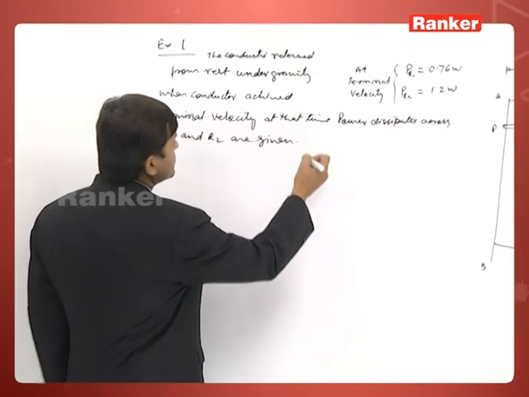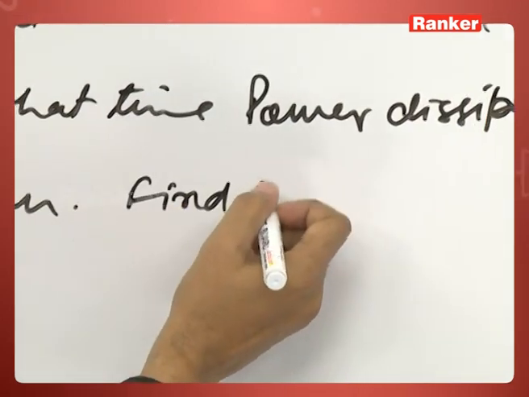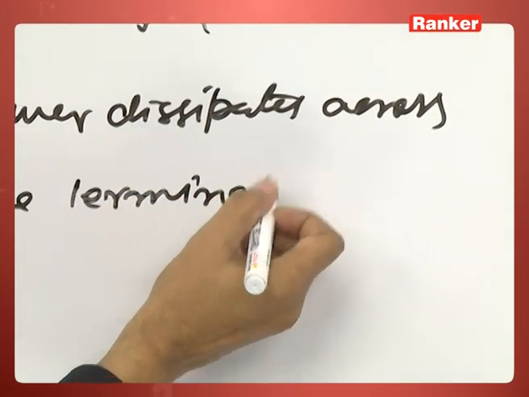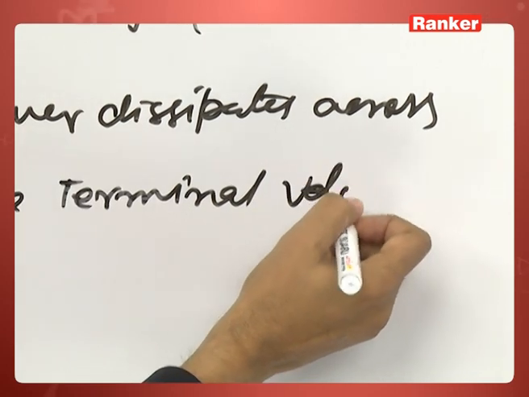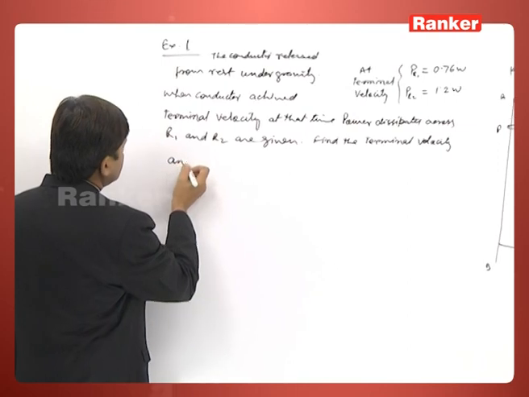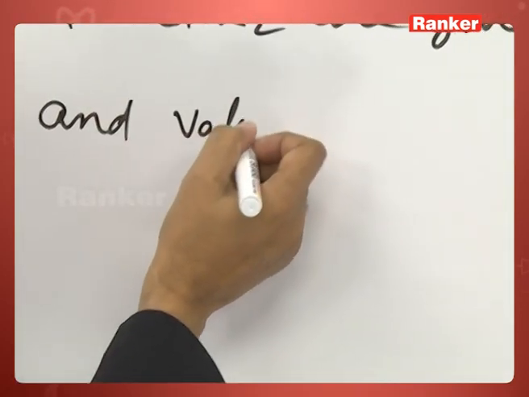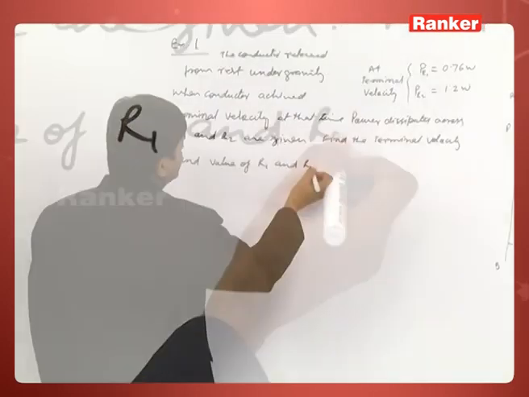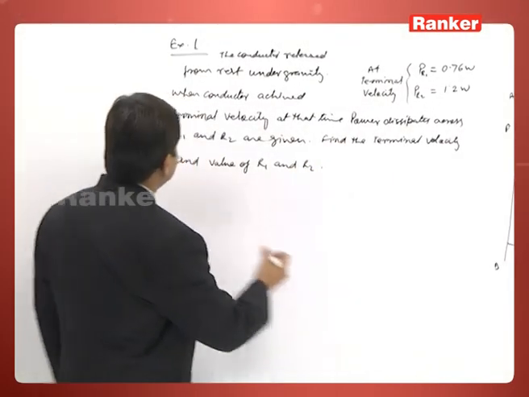So find the terminal velocity and the values of R1 and R2. This is the question here.